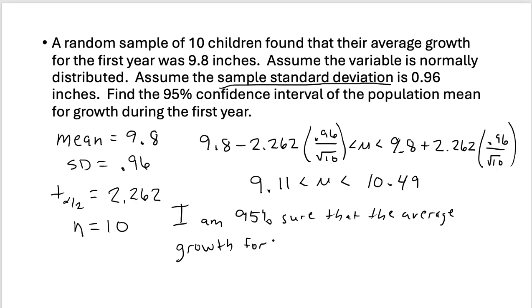All right, then for who? Not for 10 children, but for all children. That tells me that you understand that you've moved to the population and not just the sample of 10. And then say that that is between, and use your two values.